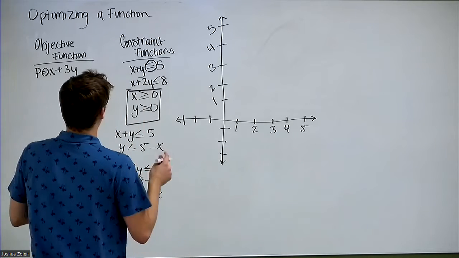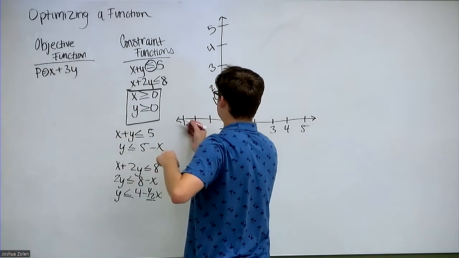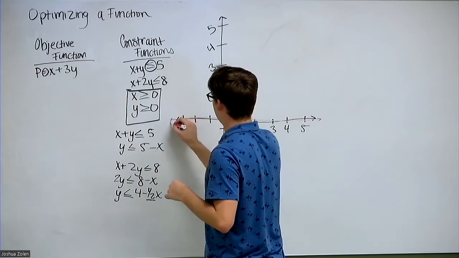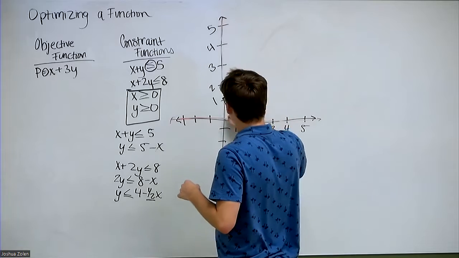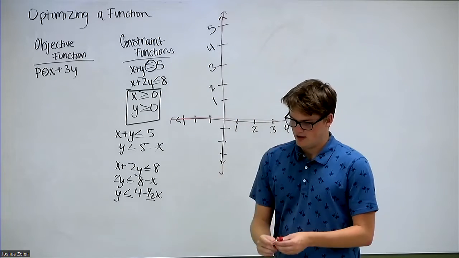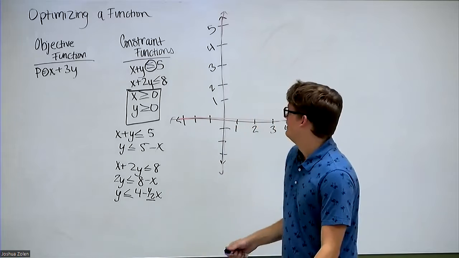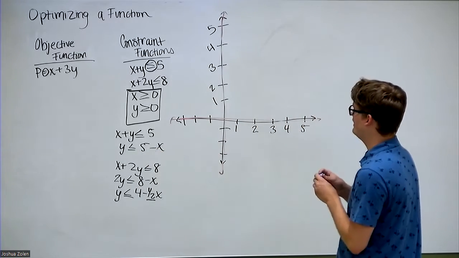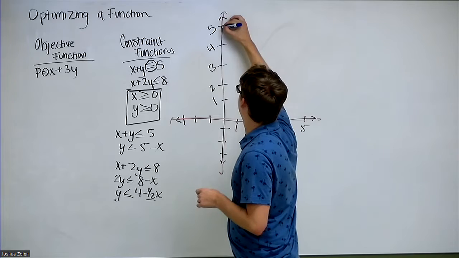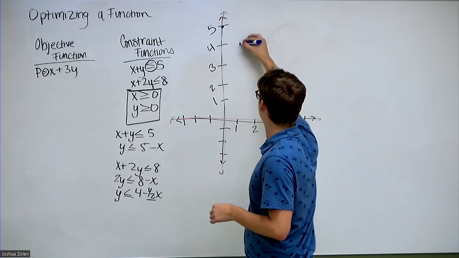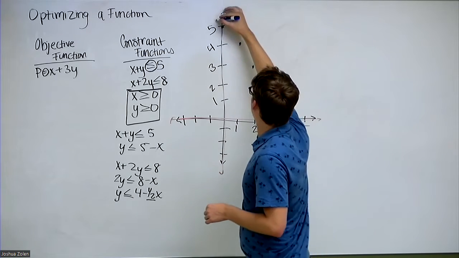So our x is greater than or equal to 0. We're just going to draw the lines for right now. This is going to be our y. And then our y is less than or equal to 5 minus x. We have a y-intercept of 5 and a slope of -1, so we're going to go down 1 over 1, down 1 over 1.